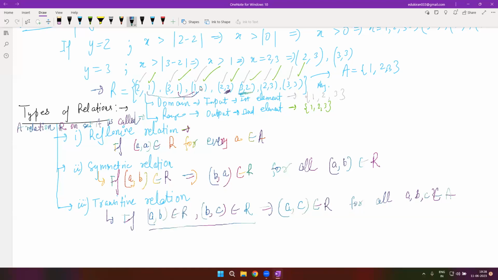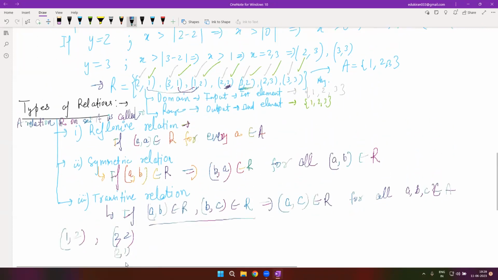Now I'll come to 1, 2. I'll do it for each pair. For 1, 2, there are pairs which are starting with 2. So for 1, 2, I have the following pairs. You can also check these. For 1, 2, you have 2, 2. Then you have 2, 1. Then you have 2, 3.